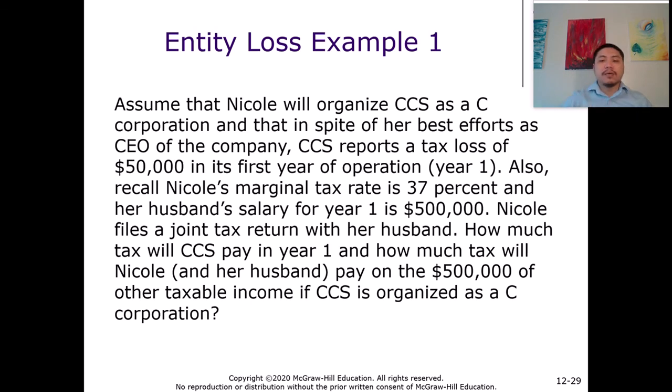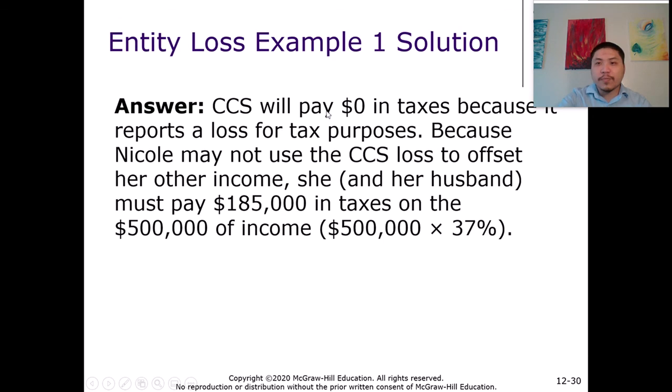So how much tax will they pay on the $500,000 of other taxable income if CCS is organized as a C corporation? Because CCS is a C corporation, the company itself has to pay the 21% flat tax. But because CCS is having a loss right now, it doesn't recognize a gain. It is reporting a loss for the first year. So in this year, the company is going to pay 0% in tax.